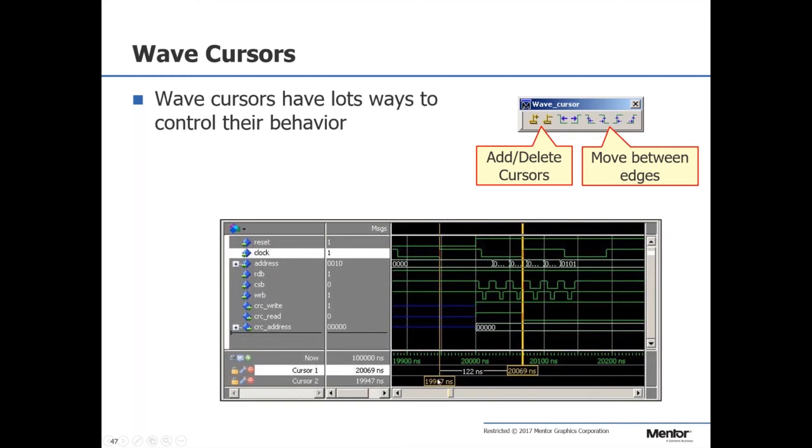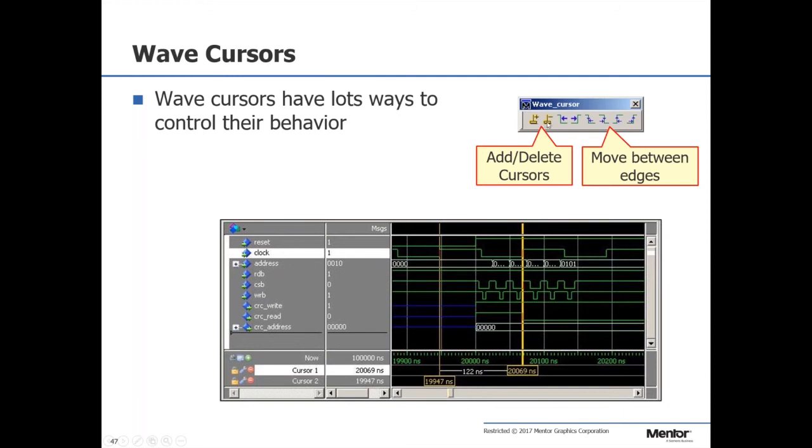Then I could select this cursor and move it over to here, and it'll snap to this edge. And then once I do that, it shows the time between any two cursors.